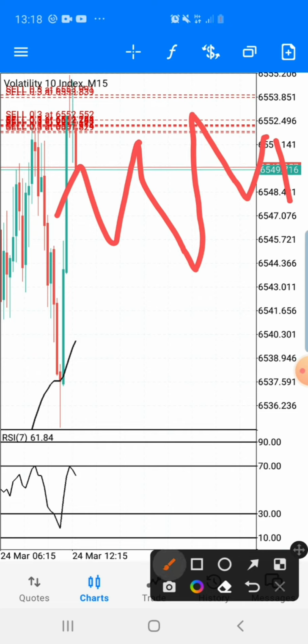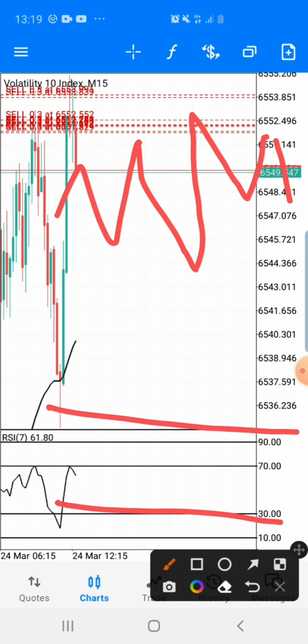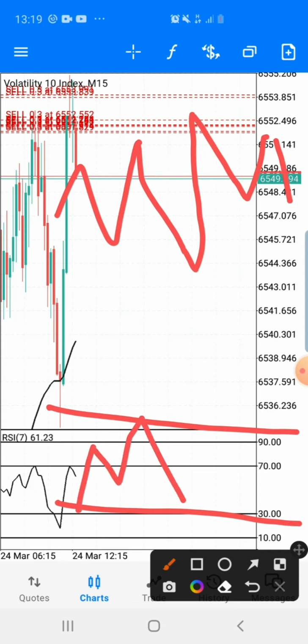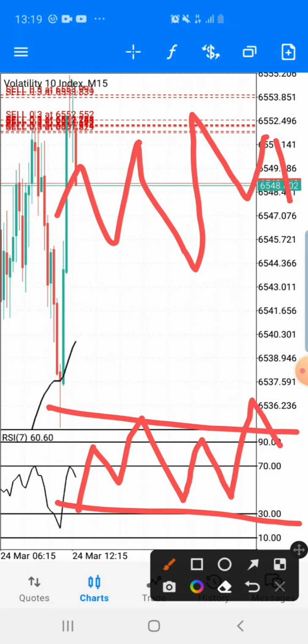Then you look at the RSI. Let's say this is our RSI zone, and what the RSI did was to do this here. Now the RSI started to create a low and a high. You can see that here we have a divergence between the RSI and the chart.